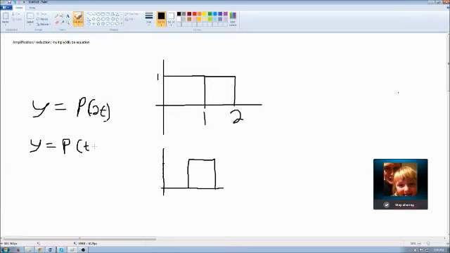And this one's kind of counterintuitive because a minus is shifting to the right. The way that I always try and remember it is that this point is 2.